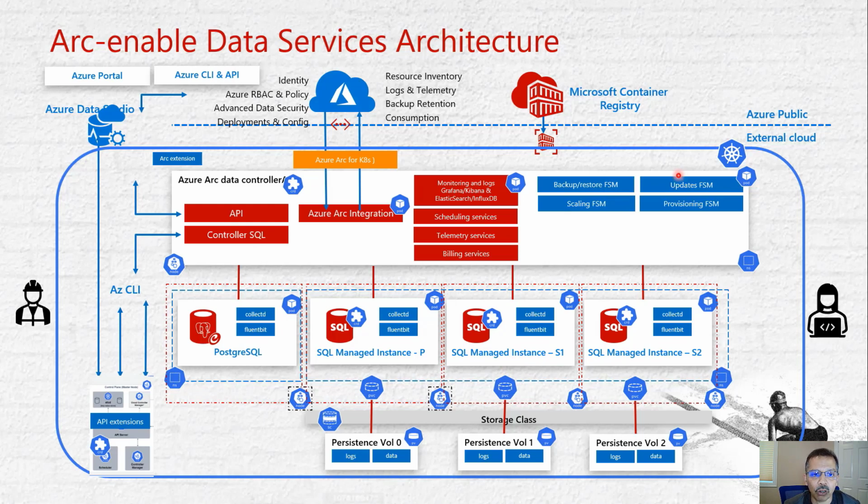Lastly, I also want to call attention to the fact that the latest updates and security patches are all delivered through the Microsoft Container Registry to the data controller and the SQL managed instance. That is reflected with our own custom registry.